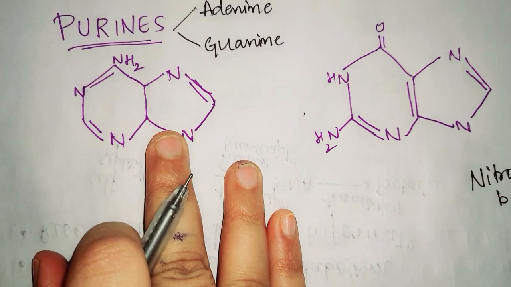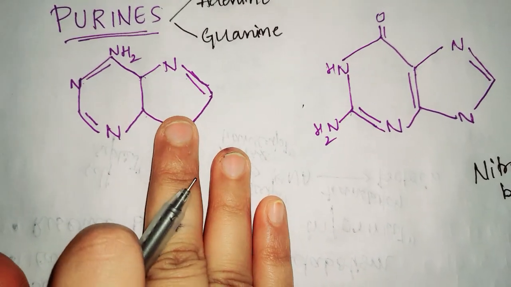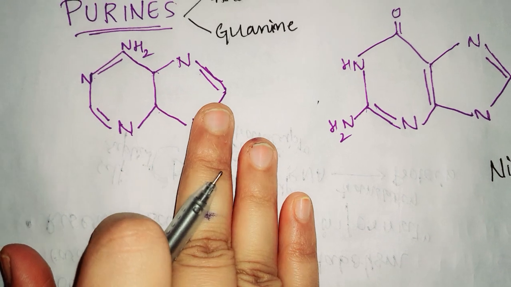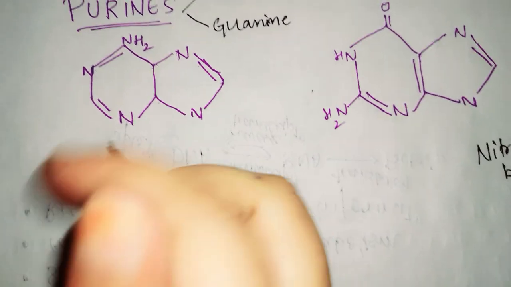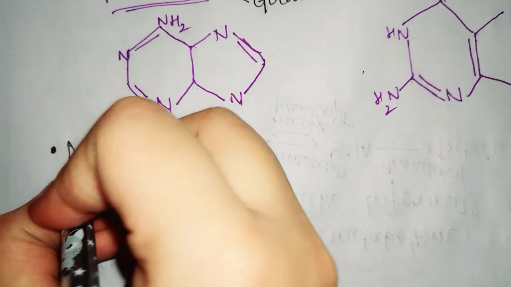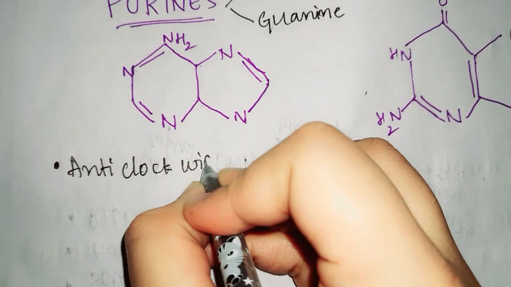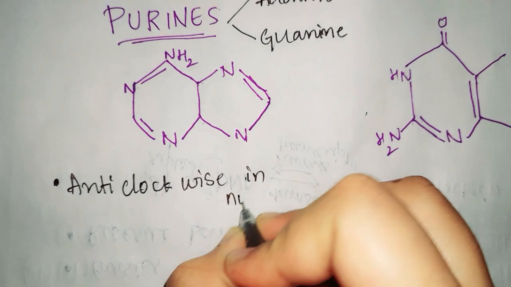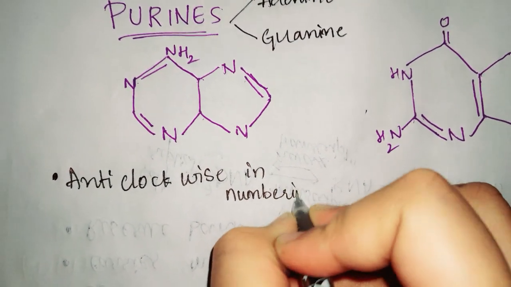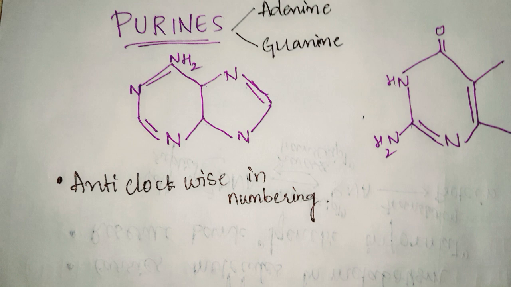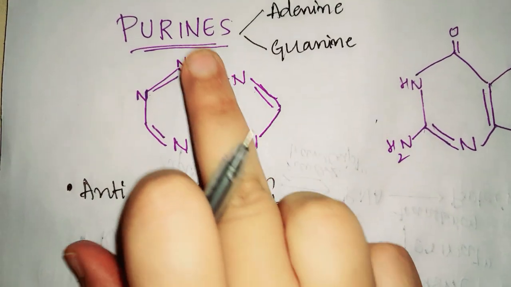So how are you going to number the purine? Purines are always numbered in an anti-clockwise direction. So you need to give the numbering in an anti-clockwise direction.